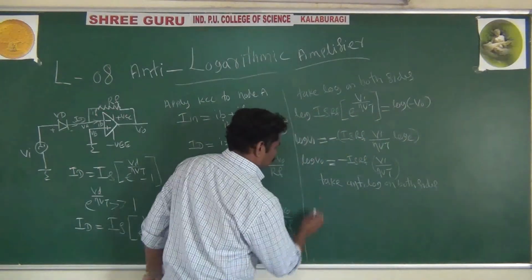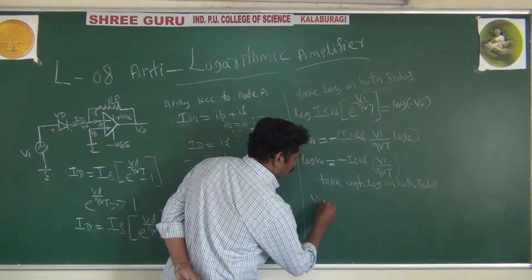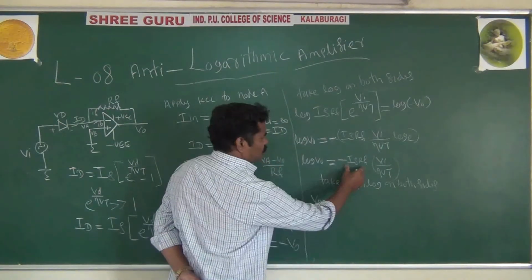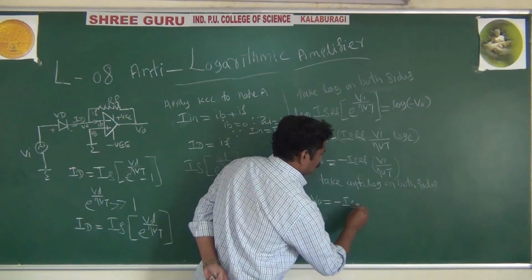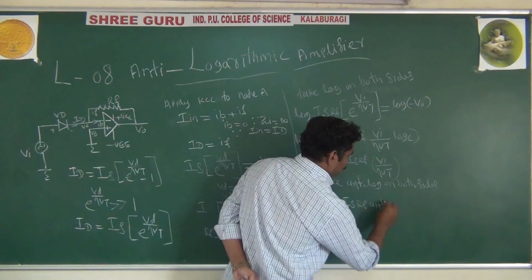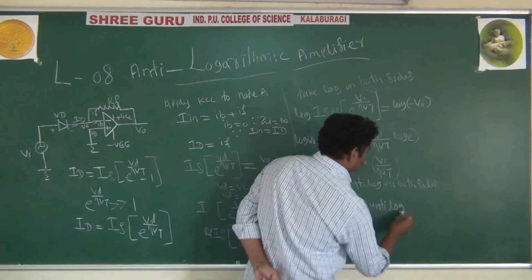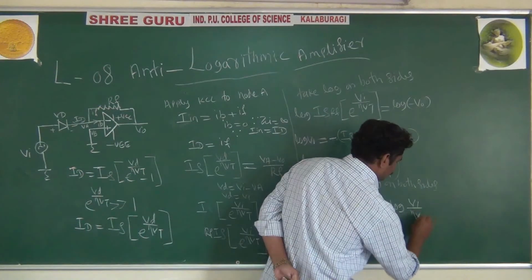That becomes log and anti-log cancels. It becomes V naught equal to, these are all constant, take minus Is by Rm into Nt log of Vi by Nv.